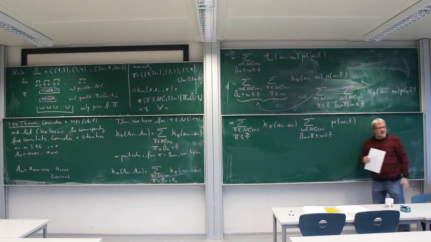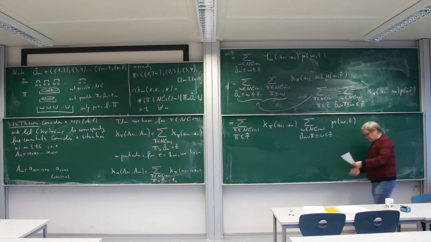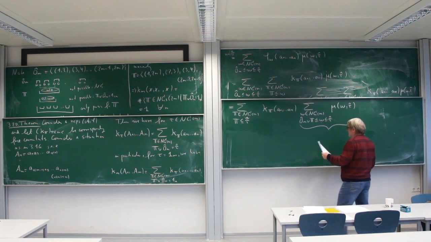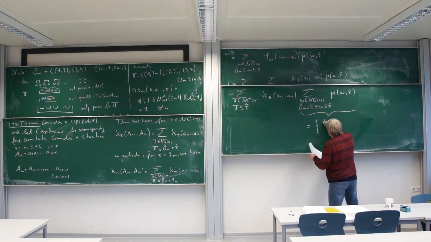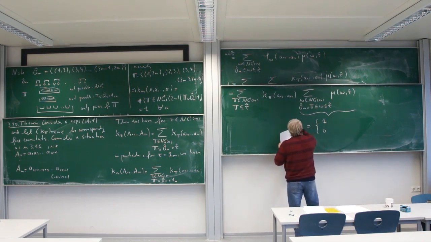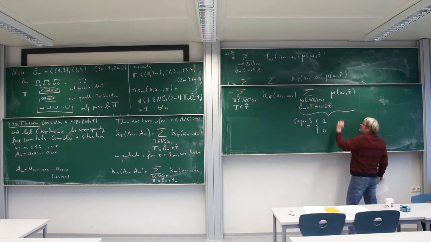This is just the fact that the convolution of the Möbius function with theta is a delta function. So this sum reduces to just two cases, either 1 or 0. The theta function involved with the Möbius function is the delta function, because that is what we're actually doing in this sum.